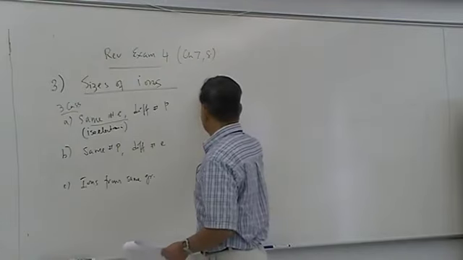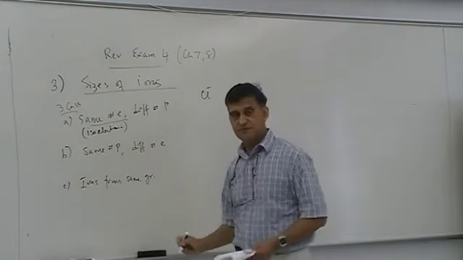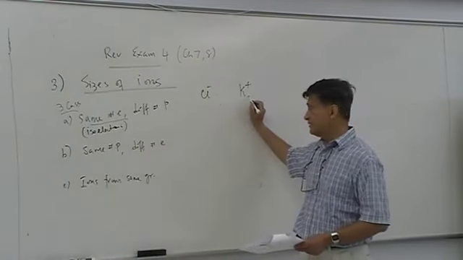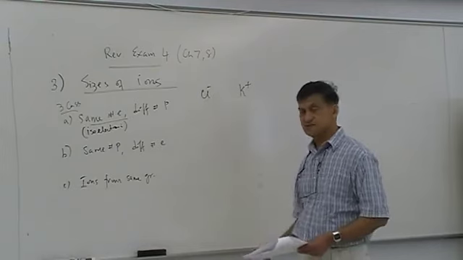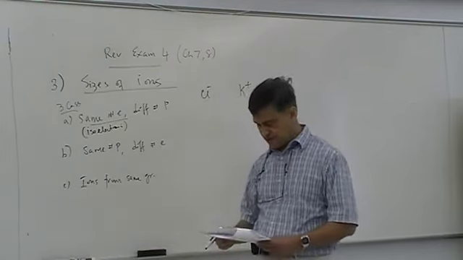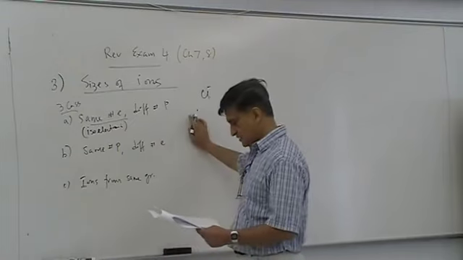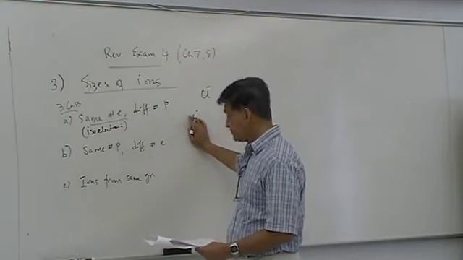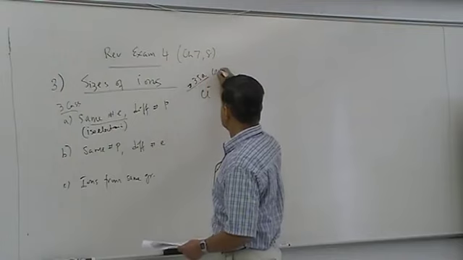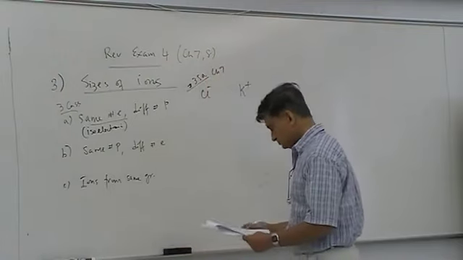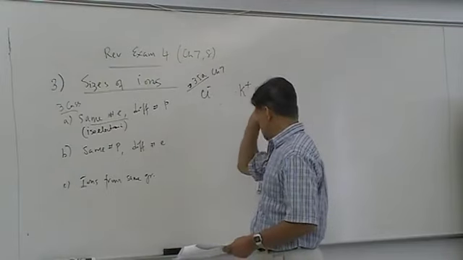For example, if I have Cl minus and K plus, if you look at the periodic table, when you take away 1 electron from K, or when you add 1 electron to Cl to get Cl minus, you get the same electron configuration. This is also a question given in chapter 7, number 35A. So they are isoelectronic, same number of electrons.